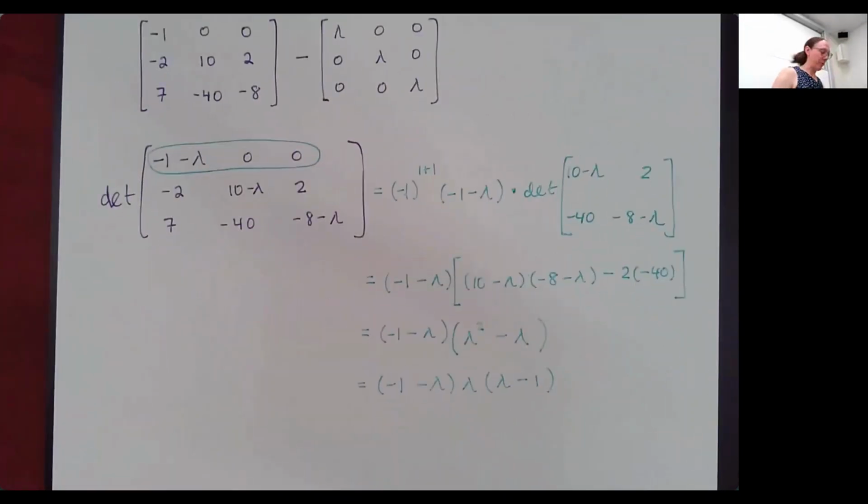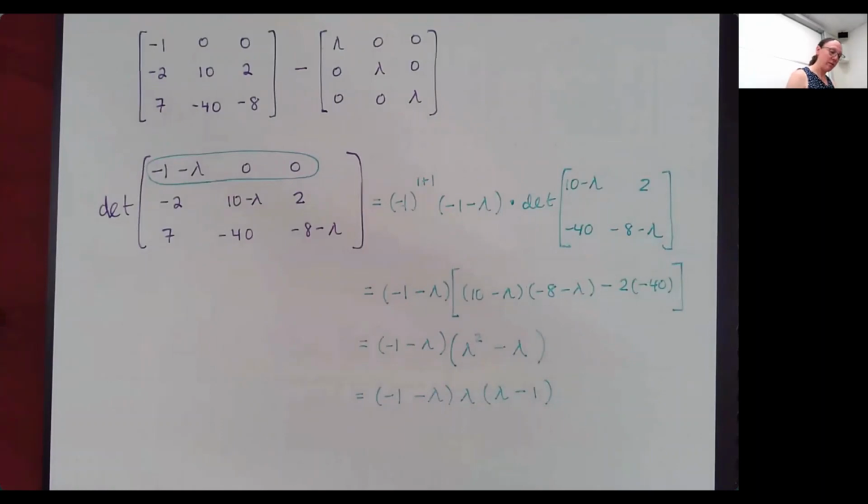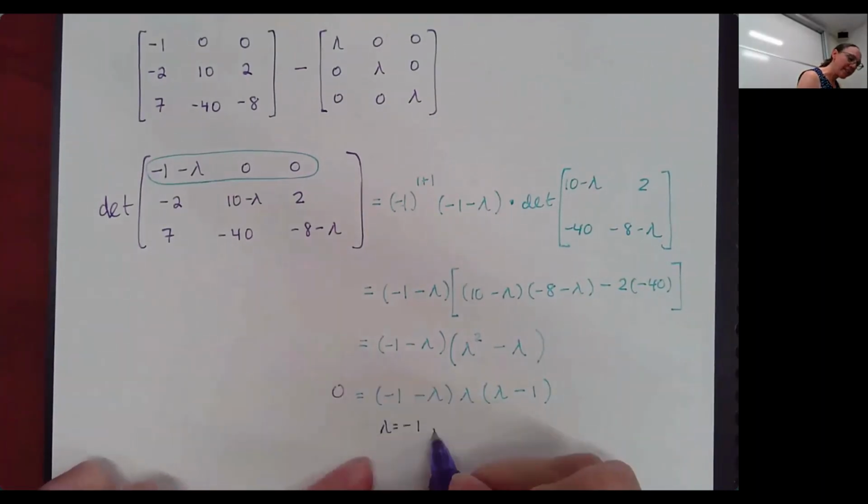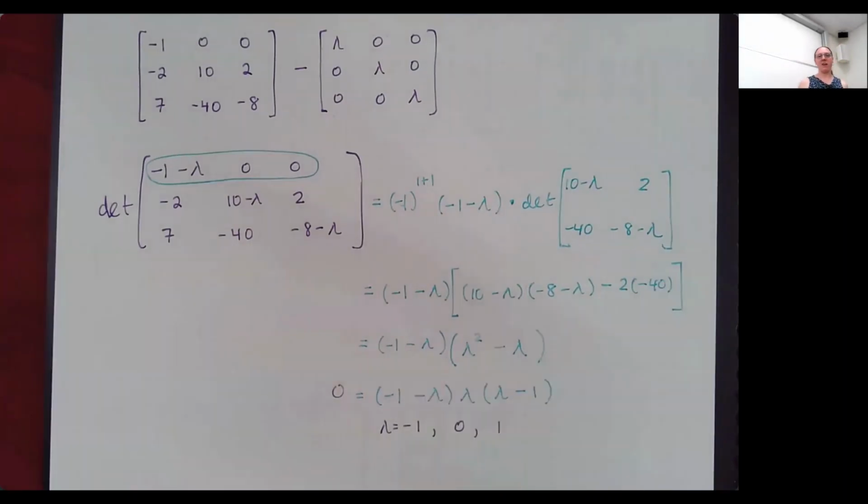So mine ended up with really nice eigenvalues. When I set that equal to 0, mine ended up with -1, 0, and 1 as my eigenvalues. I hope yours do too.